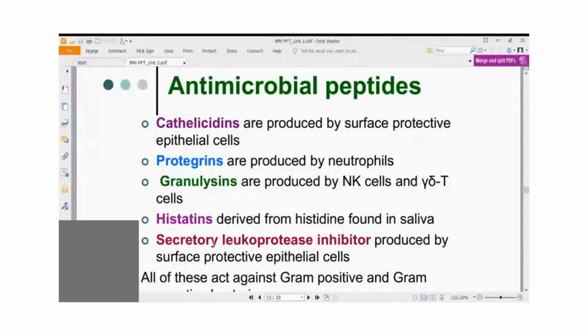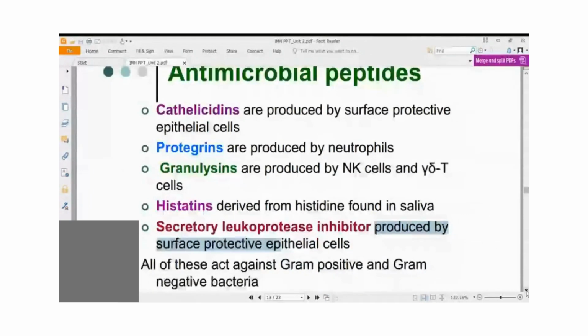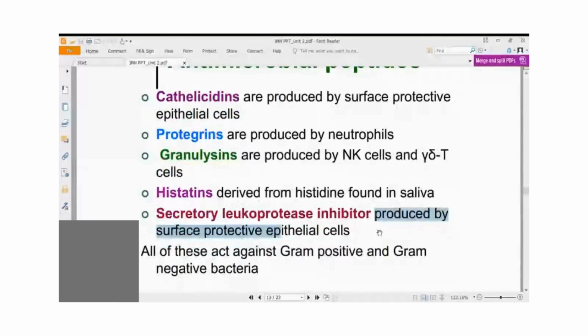Then comes another peptide of about 108 amino acid residues, secretory leukoprotease. Secretory leukoprotease is an enzyme produced by the epithelial linings of most of the protective areas.